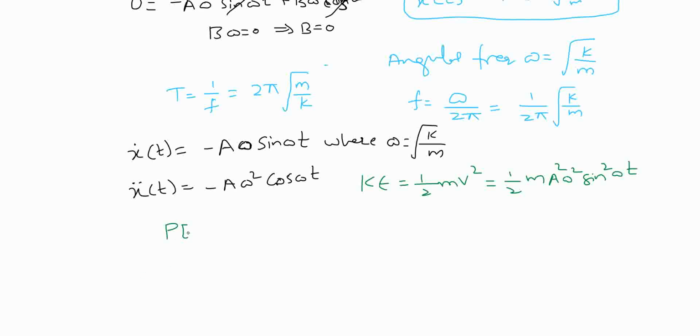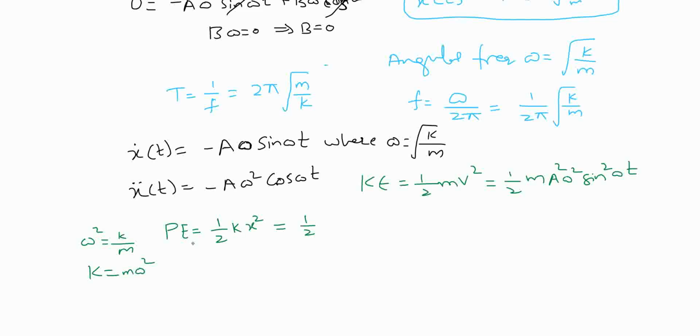And potential energy of the spring is half k x square. We know that omega square is equal to k by m, so k equal to m omega square.